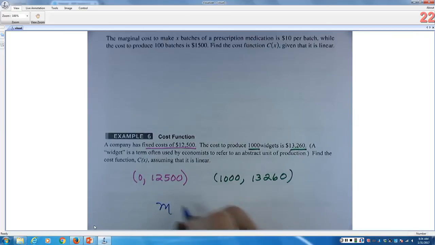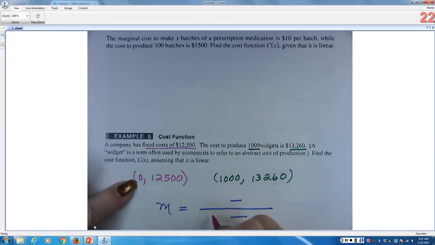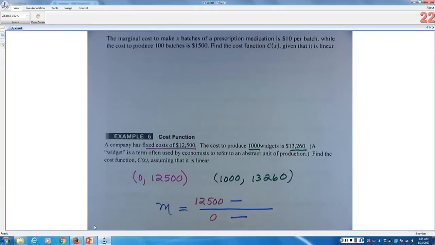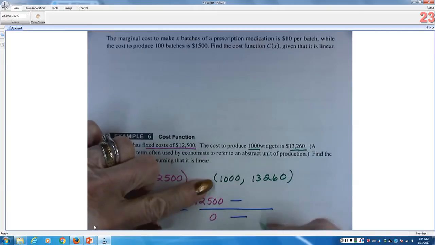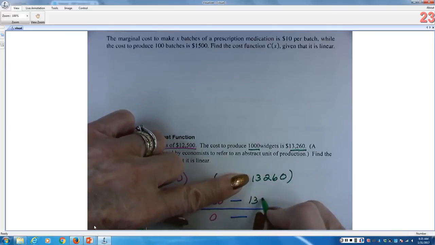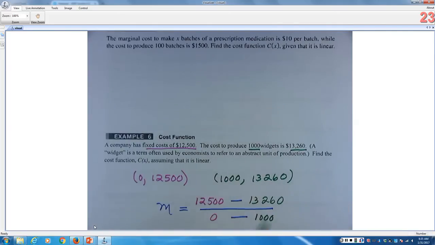and solved as well. So your slope formula means you take the difference in the y values and the difference in the x values. So using the first point, x is 0, y is 12,500. Here we have x is 1,000 and y is 13,260, and these could have been interchanged.